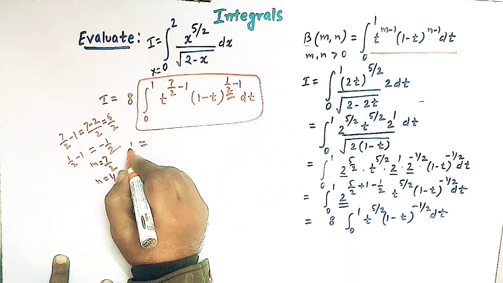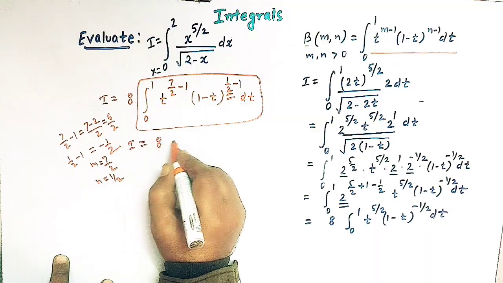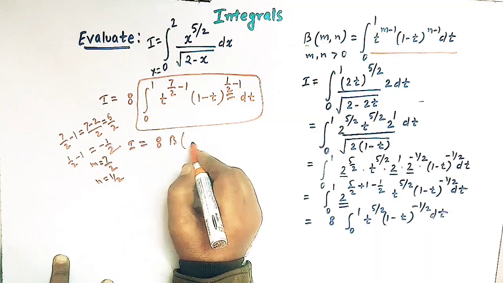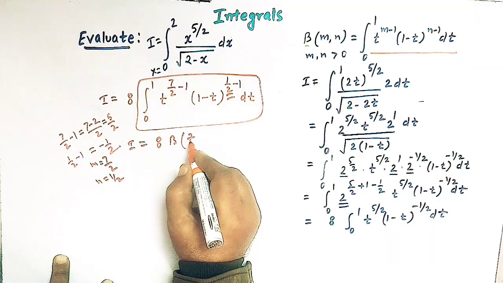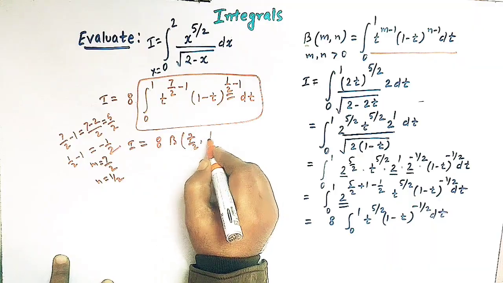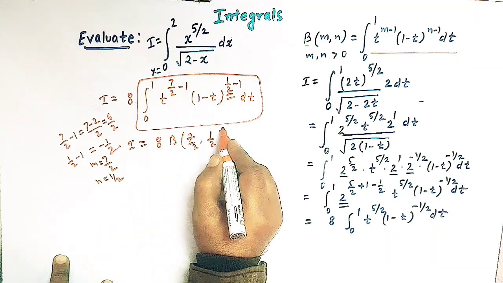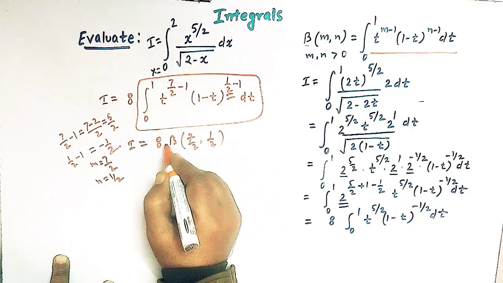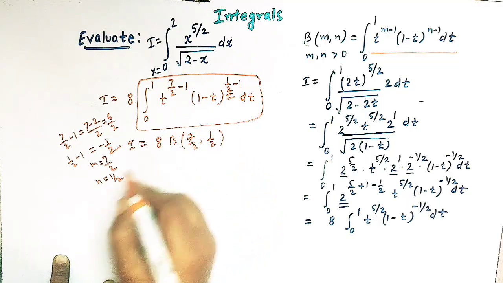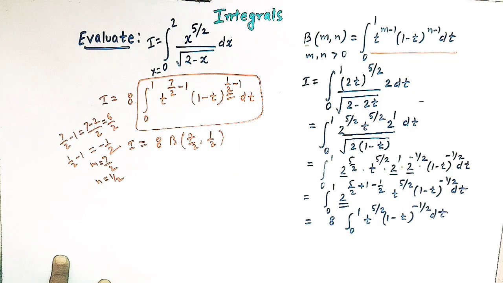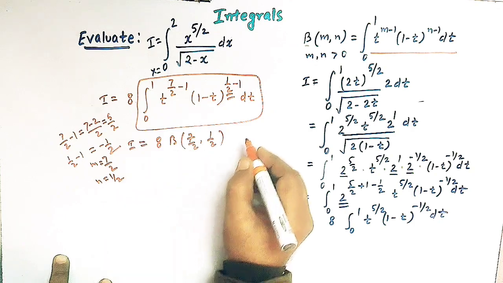So now we can write this integral I as 8 times the beta function, that is beta of 7 over 2 comma half, right? So now we have to find out the value of this expression by using an important relationship between beta function and gamma function.